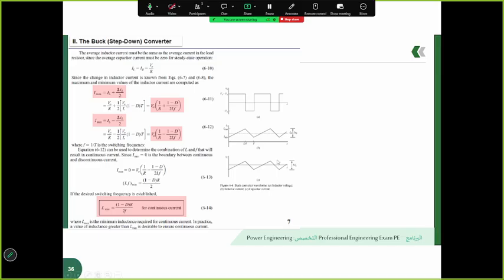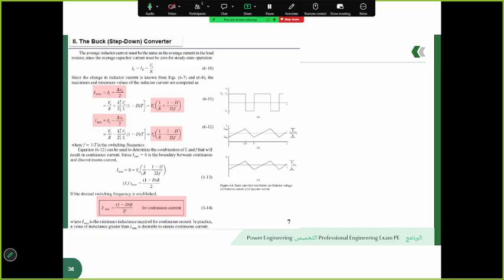These figures on the right illustrate the converter waveforms. Figure A shows the inductor voltage waveform, which alternates between Vi minus Vo when the switch is on, and minus Vo when the switch is off.